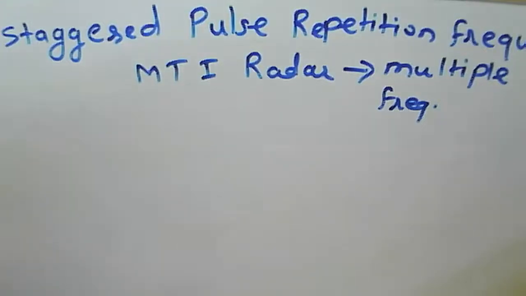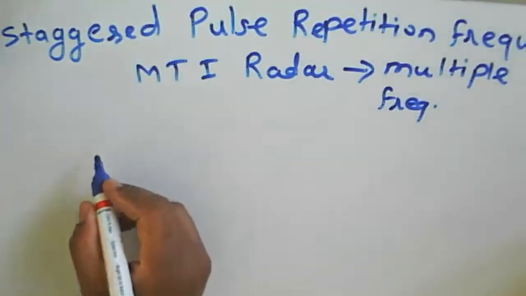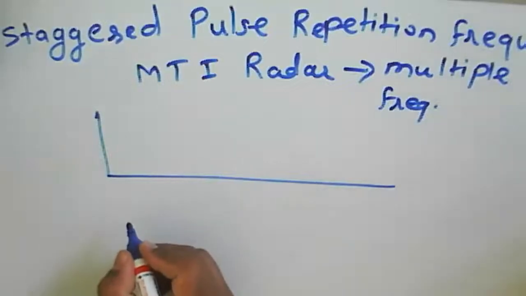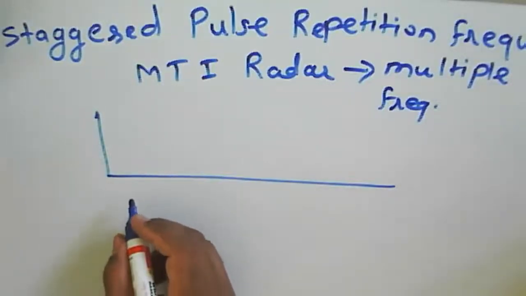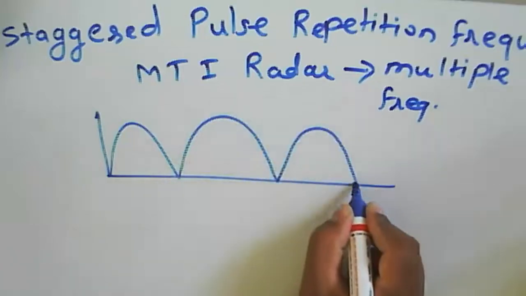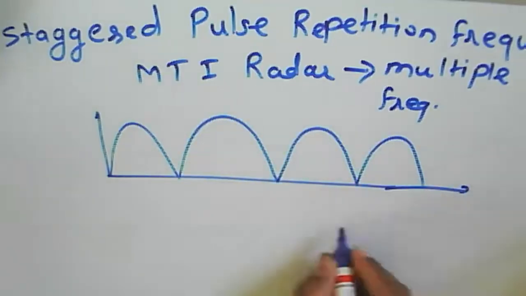Now, what happens if we consider multiple pulse repetition frequencies? For example, consider a delay line canceller. What will be the response of the delay line canceller? We have seen this kind of response for the delay line canceller.